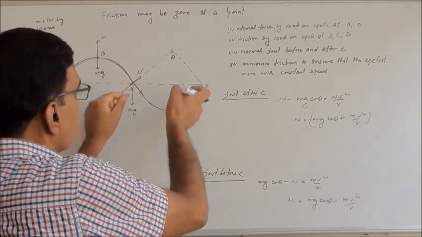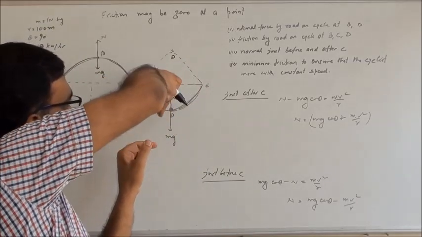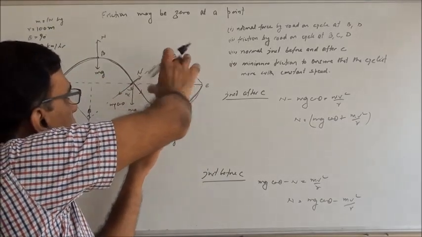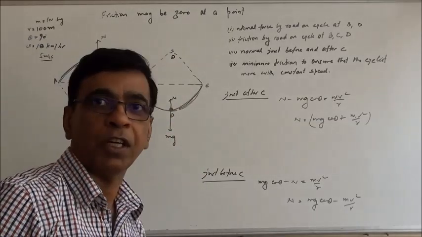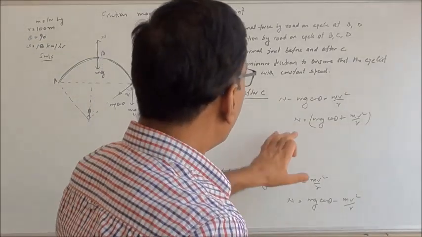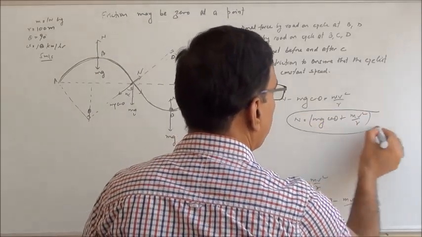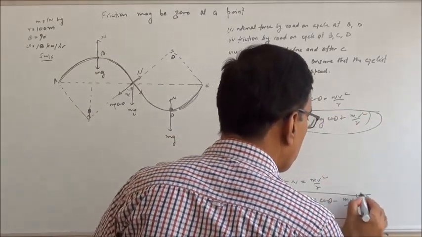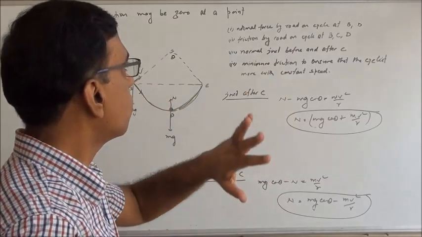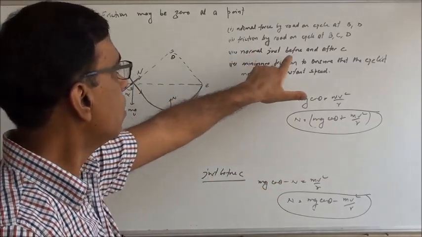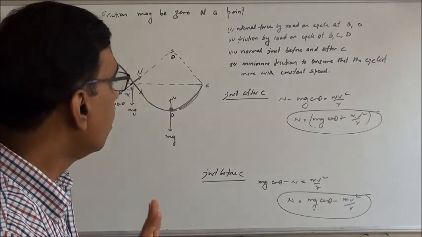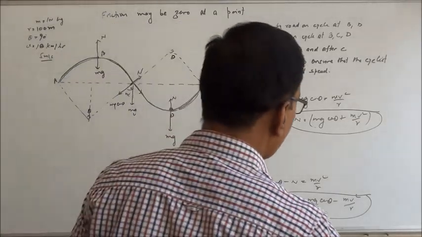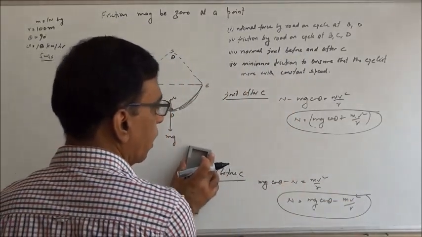But after it, the curvature is in the opposite direction. So the centripetal force needs to be towards the center, here it needs to be towards this point. So the normal reaction will change from this to this as the point C is crossed. So this is the answer, the normal just before and after C, and you can substitute the values and find out.